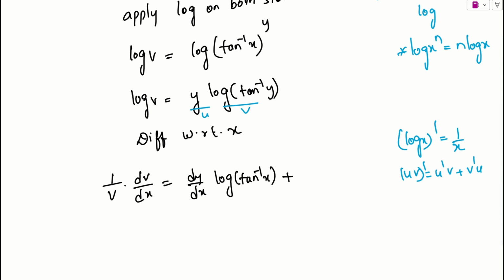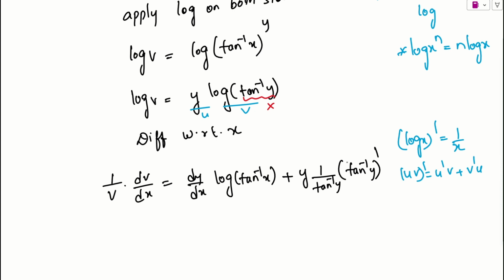Agree? Plus, just now we have seen this is the second term, which is y as it is. Log x, what is the log x derivative? 1 by, see here, tan x is nothing but I am assuming it is a capital X. So 1 by tan inverse of x, and we need to apply the tan inverse of x derivative. Are you getting my point here? Yes.